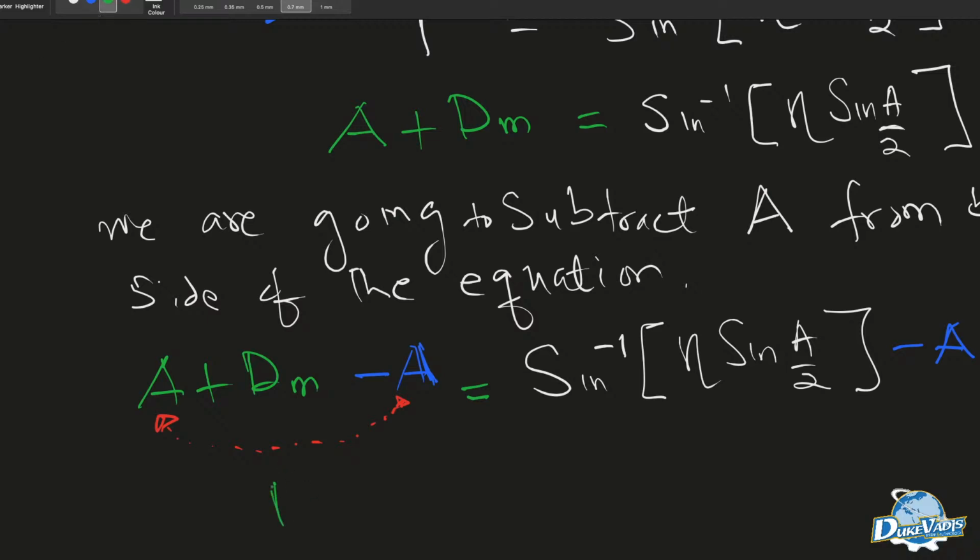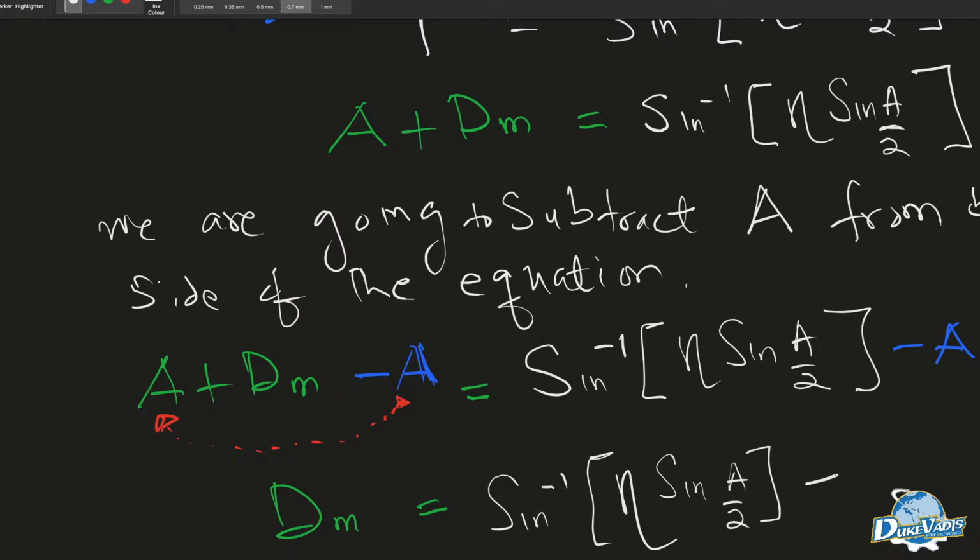D M alone is equal to sine inverse of the whole, n sine A over 2, minus A. So you see that we are able to make D M the subject of the equation.